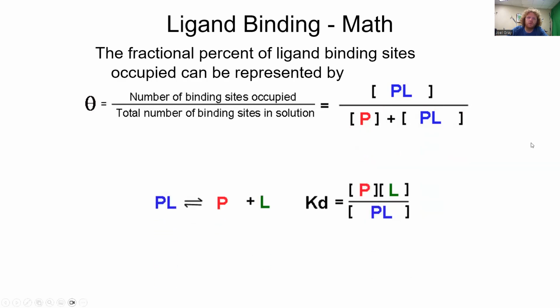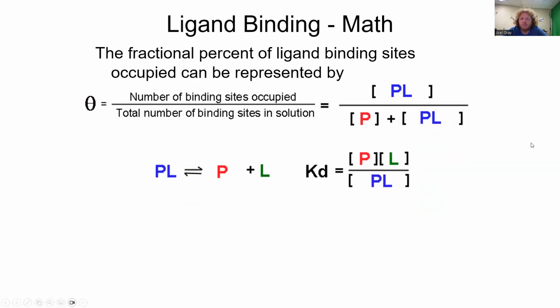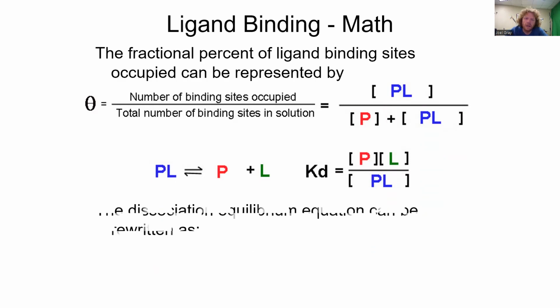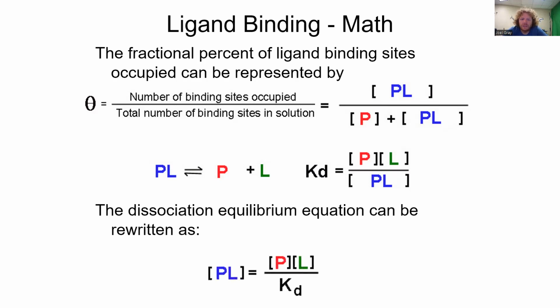So what we can do is look at that PL dissociation in this Kd, or dissociation constant, and rewrite this as PL is equal to free P times free L divided by Kd. All that we're doing there is taking this equation right here and rearranging it.